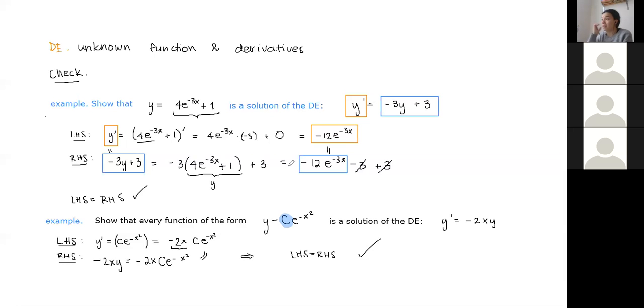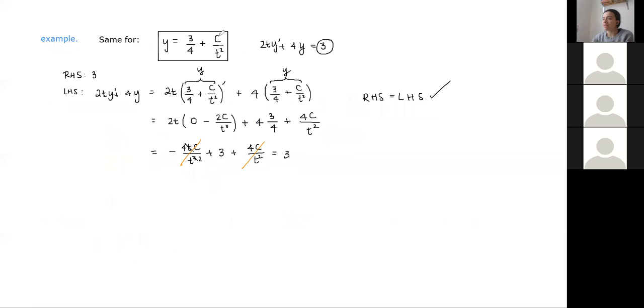It can be any possible value of c, right? Same thing over here, you have a given function, but that function doesn't depend on the value of c. So c over here could be equal to 2, 3, -1, 4, pi, whatever it is, right? And regardless of that value, these terms ended up canceling out. So that means that this value over here doesn't affect whether my function is a solution to the differential equation.